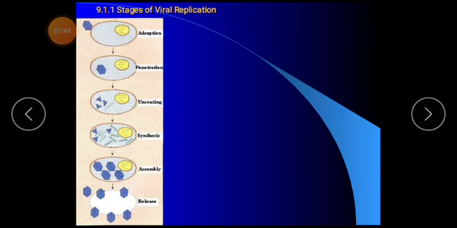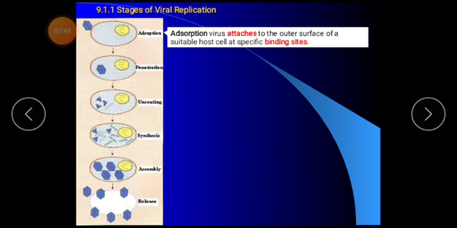So let us start with adsorption. Adsorption: the virus attaches to the outer surface of a suitable host cell at a specific binding site. First, this virus has to attach on the outer surface of the host cell at the specific binding site.